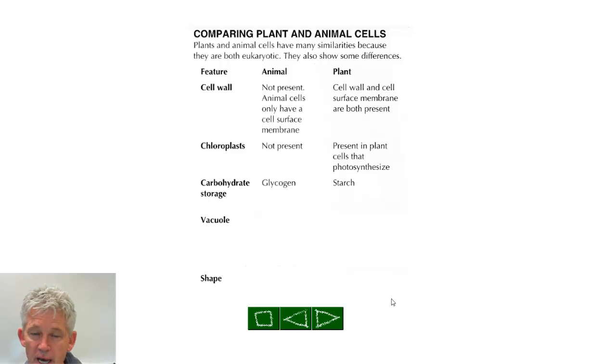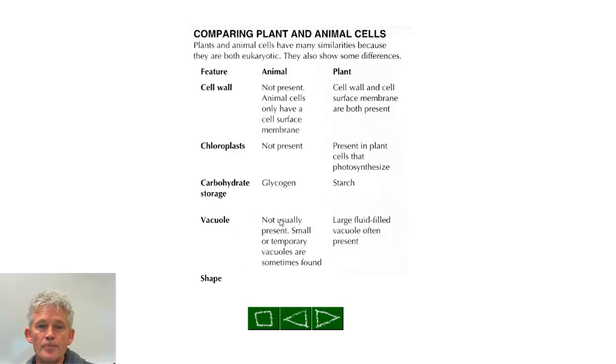Carbohydrate storage in an animal is in the form of glycogen. Again, it's a polysaccharide. Another polysaccharide only found in plants is starch. And in an animal, the vacuole is not usually present. You have small little vesicles, but of course I've just mentioned the plant cell has a large central vacuole, and the shape, not terribly important that you know this one.